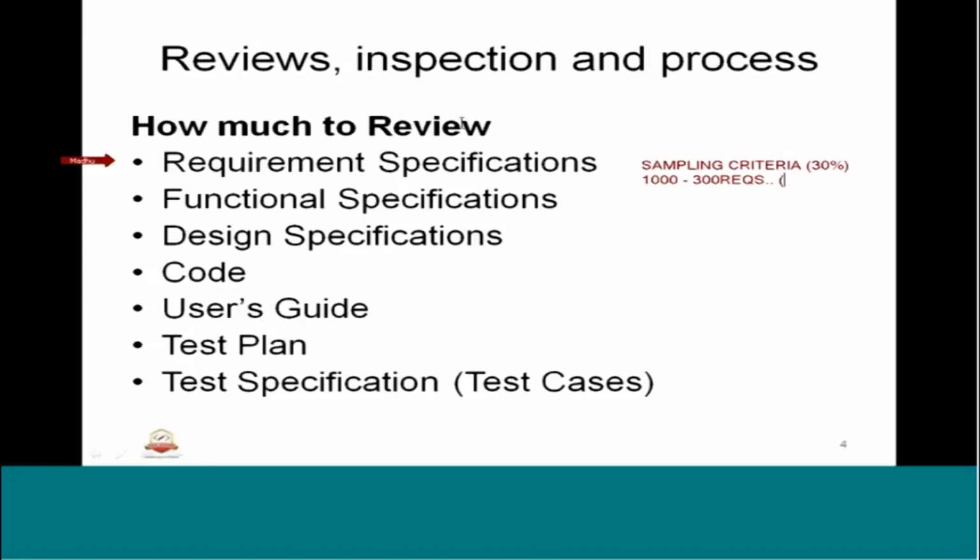this is basically from an independent perspective. Of course, from a developer's perspective, whoever is going to develop has to do a 100% review. It is called self review. So self review has to be 100%, and we have a peer review that also should be 100%.